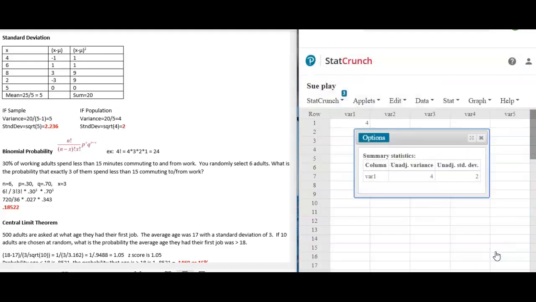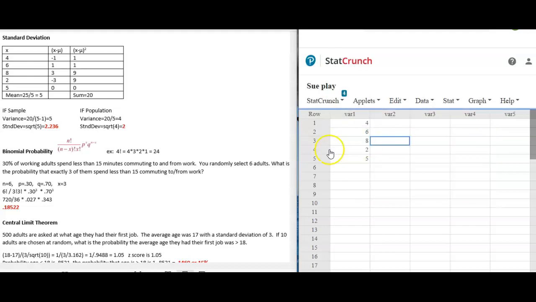Now we can see as a population that our variance is 4, what we calculated, and our unadjusted standard deviation is 2. So if you need a population variance and standard deviation, you need to select the values that have this title, unadjusted variance and unadjusted standard deviation.